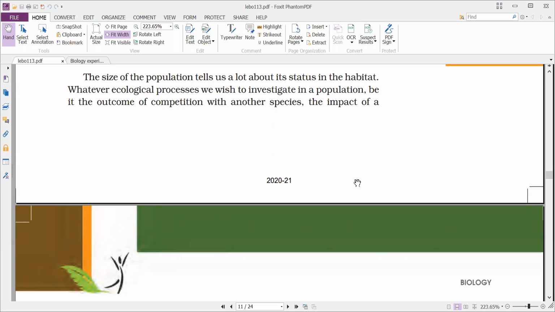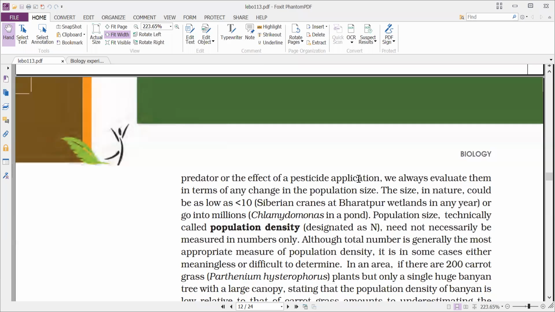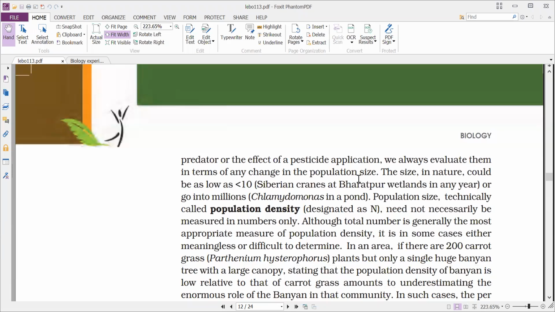Because that newly added species may compete with the already existing species, or otherwise, if the conditions are favorable, it may act as a predator and kill the already existing species. And next we can also study the effect of different pesticides on the organisms, how this affects the population size.